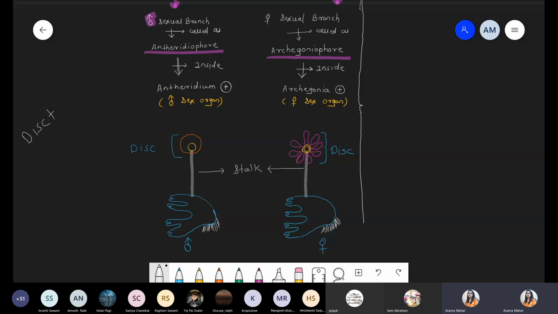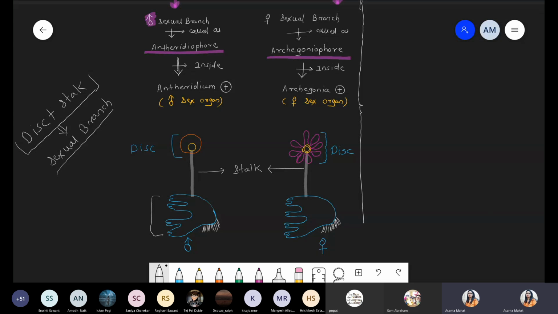Plus there is a stalk. What is the stalk? It is the support, because they form a branch. So collectively, stalk plus disc are called the sexual branch, because the sexual organs develop at maturity, right? Initially the lower structure was already present, that is the thallus, dorsal side, ventral side. This is the basic structure of the gametophyte, which is initially present.